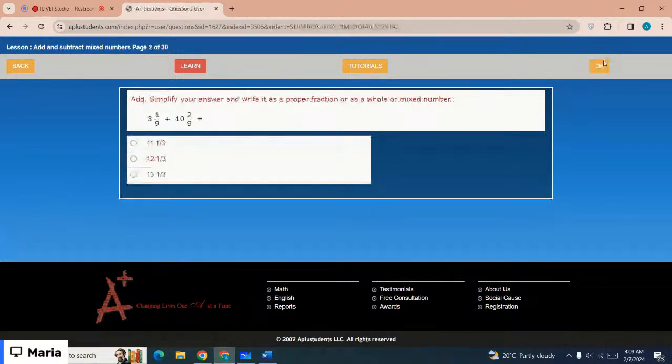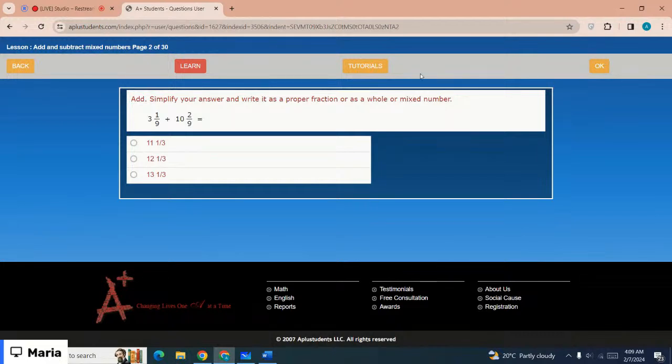The next one is add 3 whole 1 by 9 plus 10 whole 2 over 9. Which is the correct option? 10 plus 3 is 13, and you can simply add the fractional part.